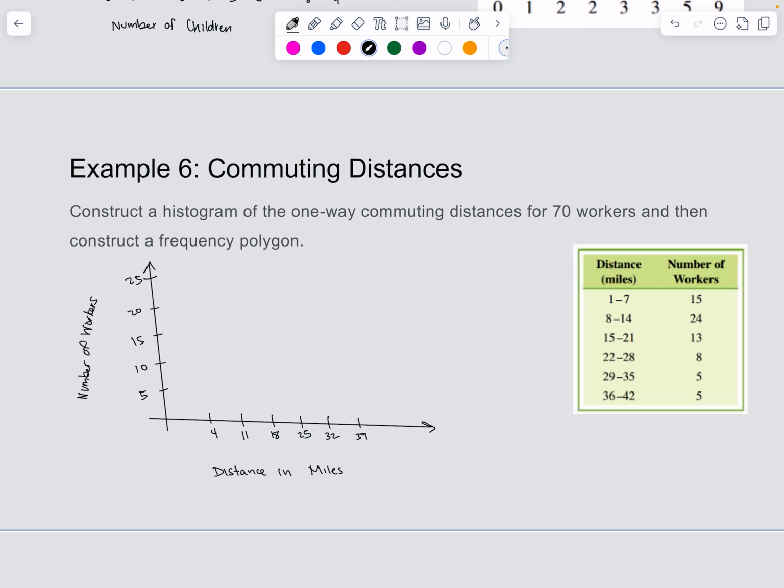So this one was 15. This one was 24. This one was 13. This one was 8. 5 and 5. So for our histogram, go up to that point and make a bar.